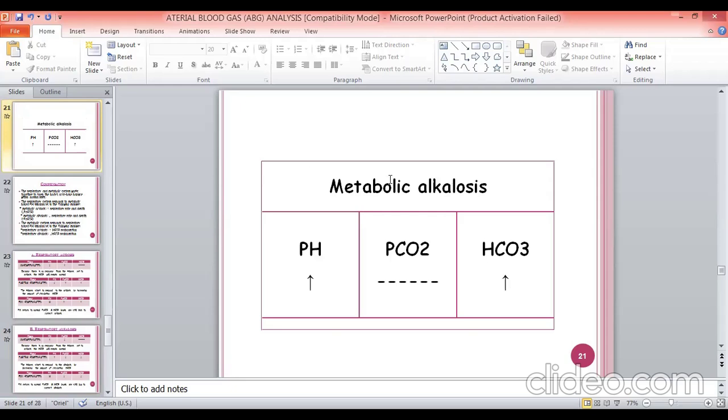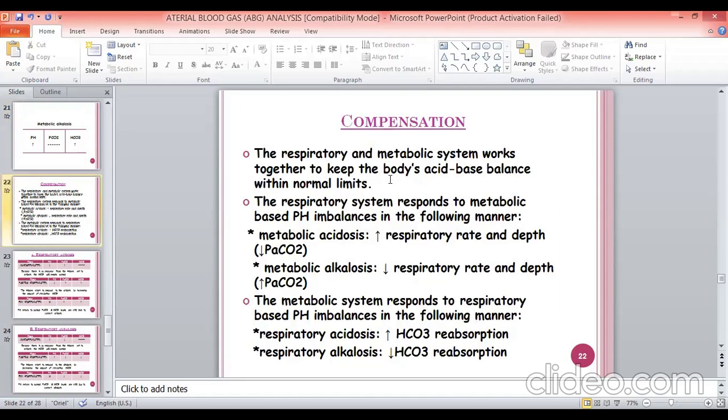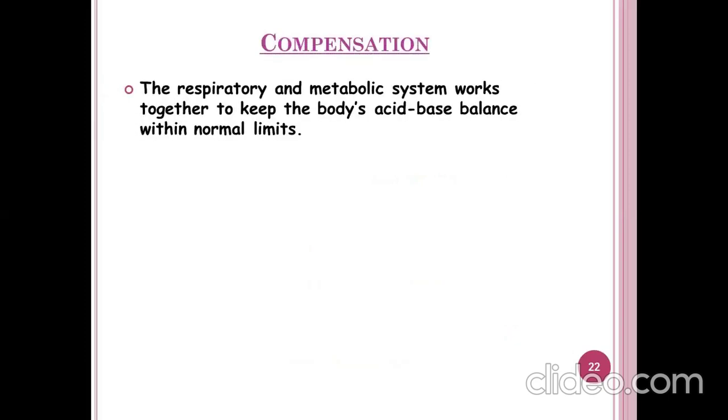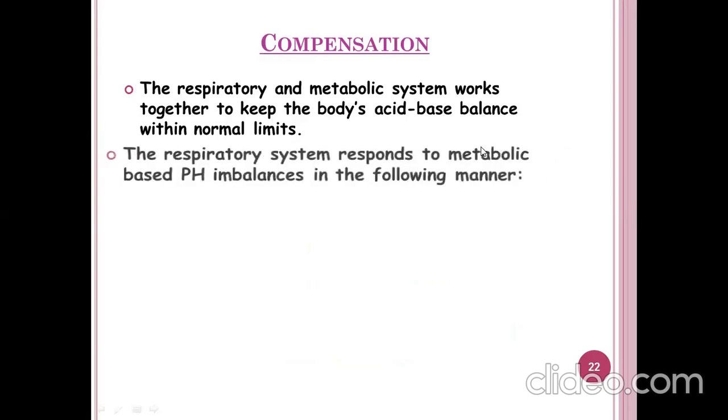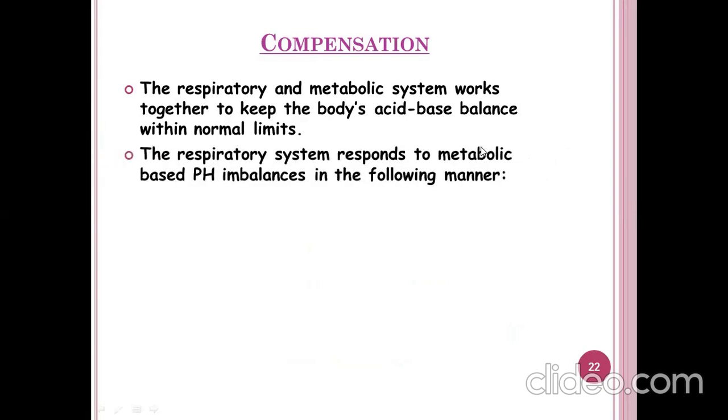So metabolic alkalosis. Coming to the compensatory mechanism, during compensation the respiratory and metabolic systems work together to keep the body's acid-base balance within normal limits. That means the lungs and kidneys play an important role in maintaining acid-base balance within the normal range.